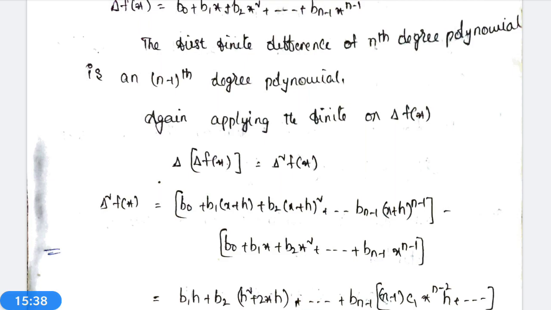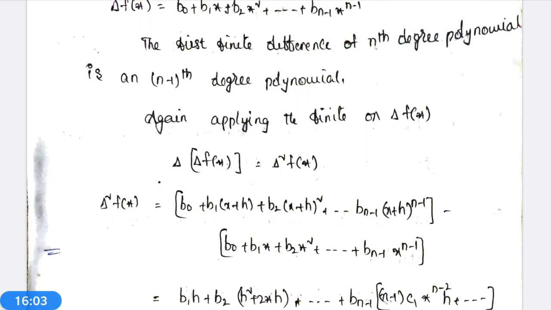This series is put in one bracket. This is delta fx plus h minus. We will open another bracket: b0 plus b1x plus b2x square plus etc. plus bn minus 1 x power n minus 1. Close the bracket. So again two series are obtained, and between the two series we have a negative sign.